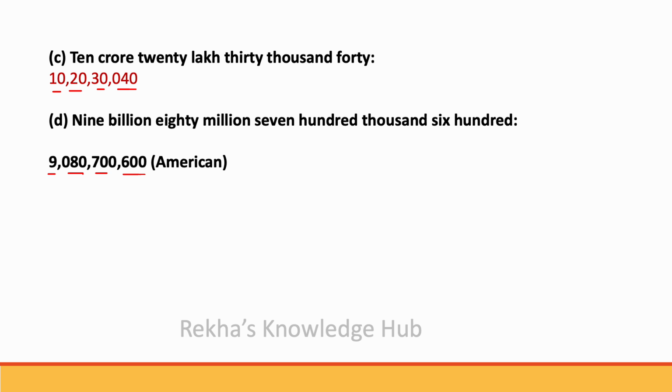You rearrange the commas. In the Indian system, the first comma you put after 3 digits from the right, then put commas after every 2 digits. So in the Indian system, this will be 9,08,07,00,600. This is 9 Arabs, 8 crore, 7 lakh, 600.